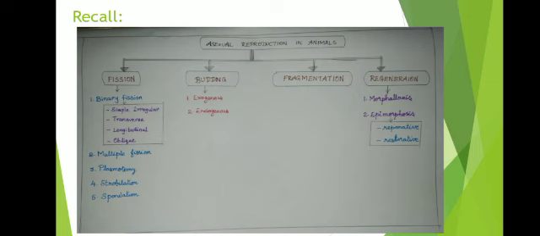Next is budding, which is exogenous and endogenous: does the bud develop inside or outside. Fragmentation is pieces making a new animal.